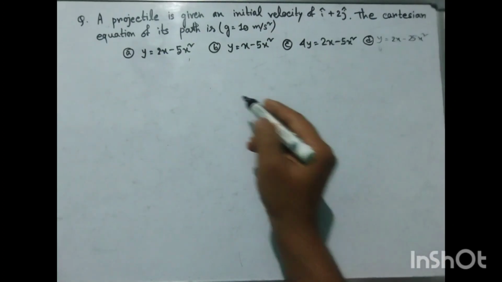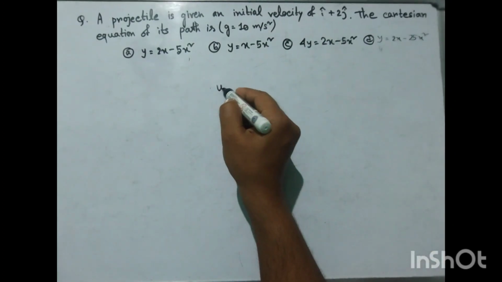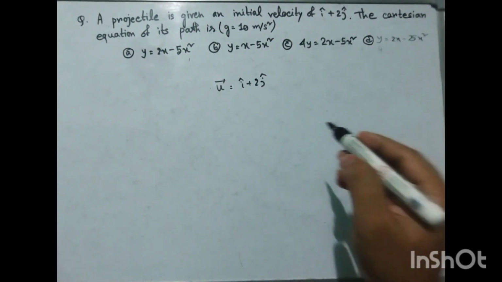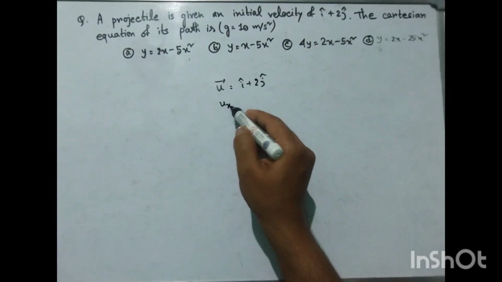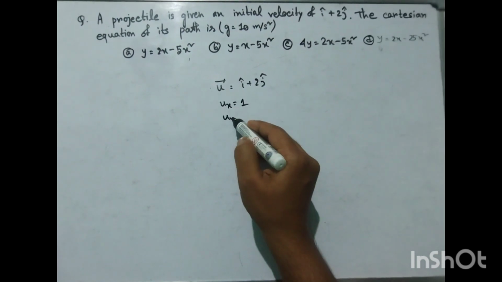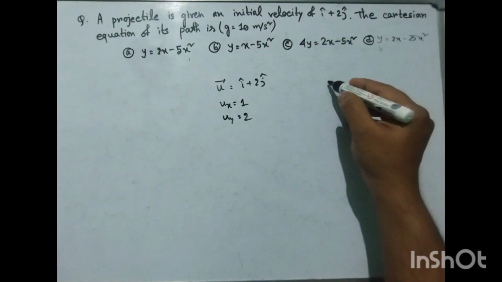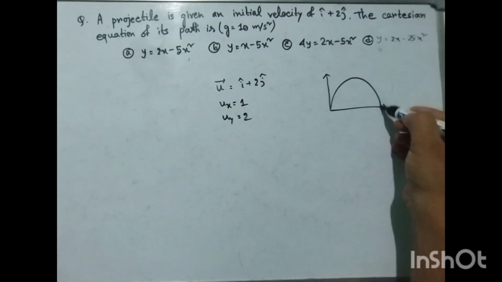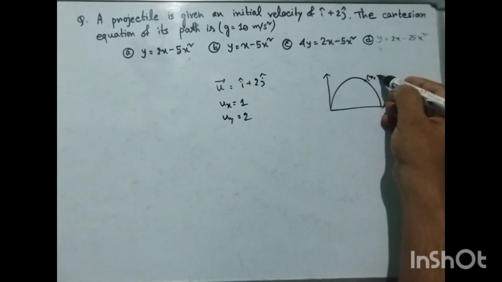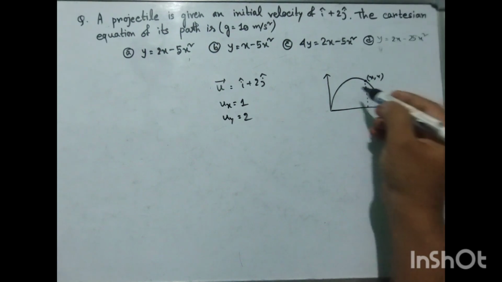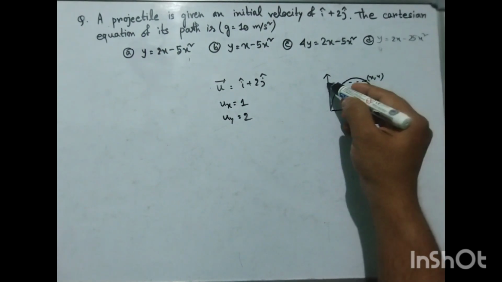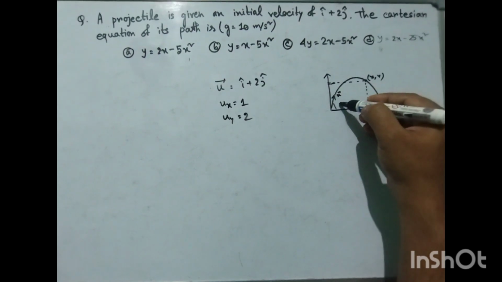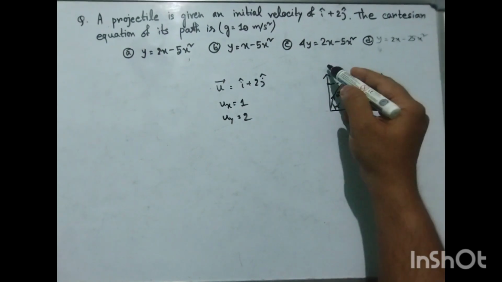Okay, in this question the initial velocity u vector is given as i cap plus 2j cap. So that means ux is 1 here and uy is 2. I have told you many times that for a projectile motion at any point x comma y, we can always study it. Suppose this is the u vector, the initial velocity, and this is alpha with the horizontal x-axis.